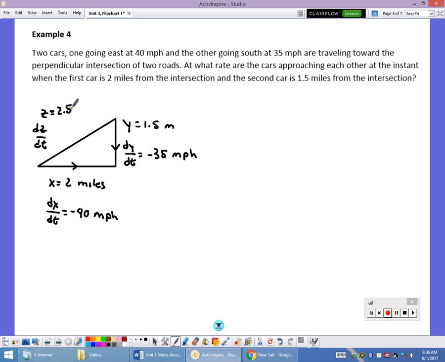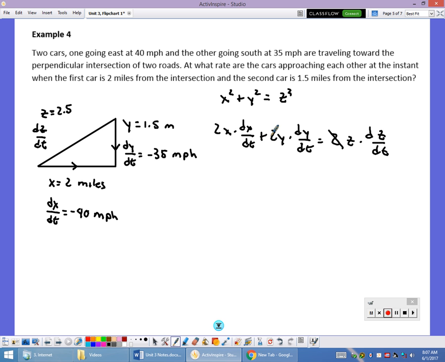And so then we set up this relationship, x squared plus y squared equals z squared. But unlike my previous example with the ladder, when I take this derivative, all these variables are changing. So I've got to keep them all. So it's going to be 2x times dx/dt plus 2y times dy/dt equals 2z times dz/dt.